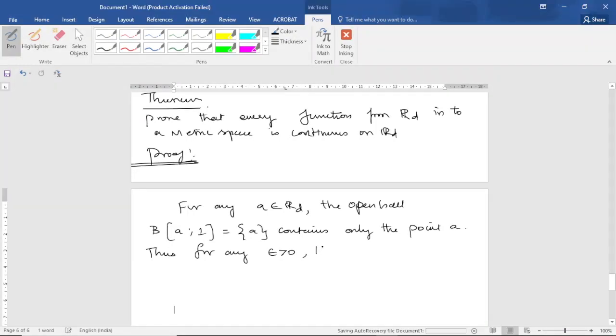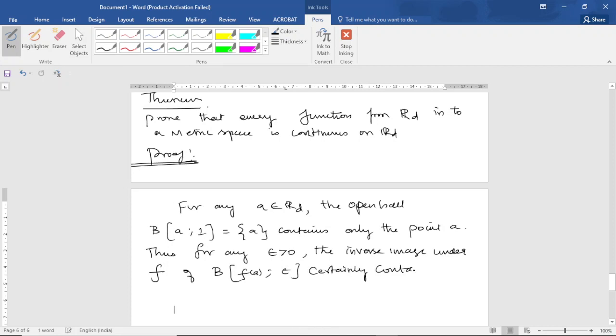For any epsilon greater than 0, the inverse image under F of the open ball B of f of A colon epsilon certainly contains the open ball B of A colon 1, because the inverse image of this open ball will contain at minimum this point A. So this is nothing but the point A. So definitely this inverse image of this open ball will contain this open ball.